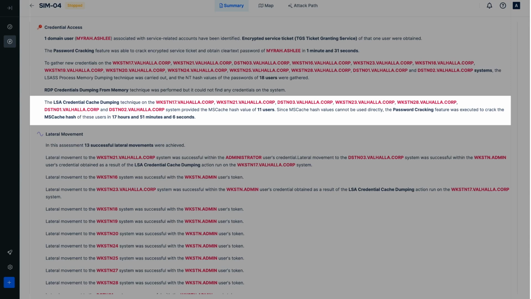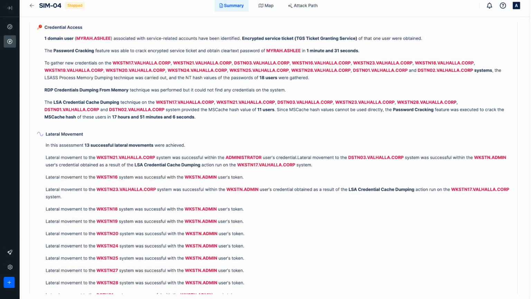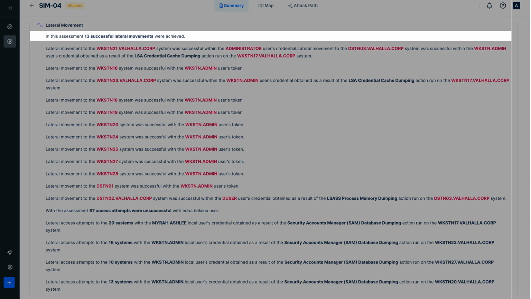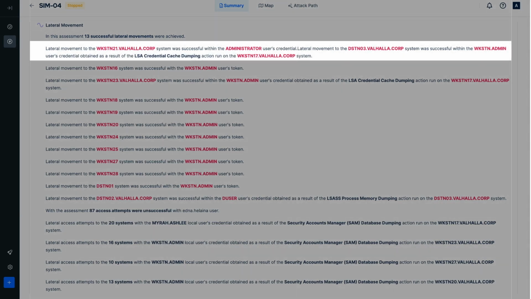In the lateral movement section, Picus APV explains how it compromised other systems during the assessment. In this example, Picus APV made successful lateral movement attempts on 13 different systems. Since the administrator user in the Workstation 17 system and the administrator in the Workstation 21 system have the same password, Picus APV was able to move laterally between these systems successfully.